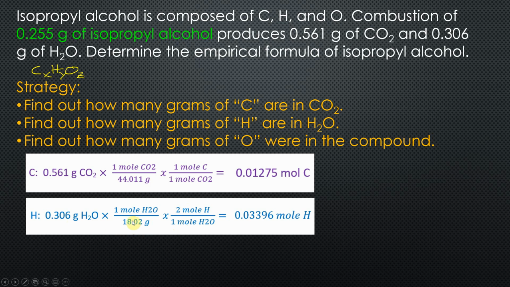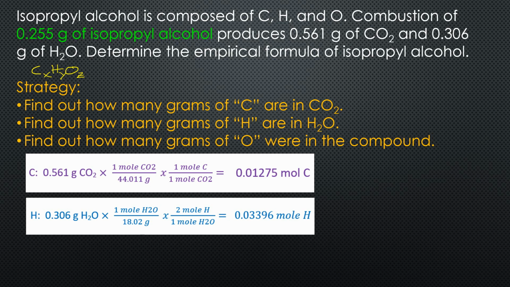Once I convert the grams to moles, I'll have moles of water. And when I go to do my mole ratio to convert it into pure hydrogen, there are 2 hydrogens in each water molecule. So 1 mole of water has 2 moles of hydrogen in it. And then when I do my math, I get 0.03396. So we're doing pretty good. Now we know what Y is up here. We have the mole amounts of 2 of them, and we could just do that simplification if we knew oxygen as well. All right, so things are going pretty well.